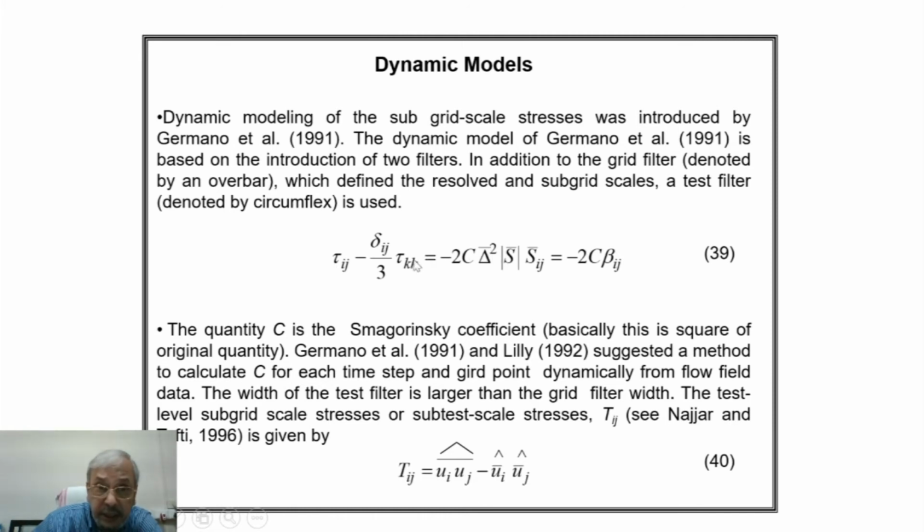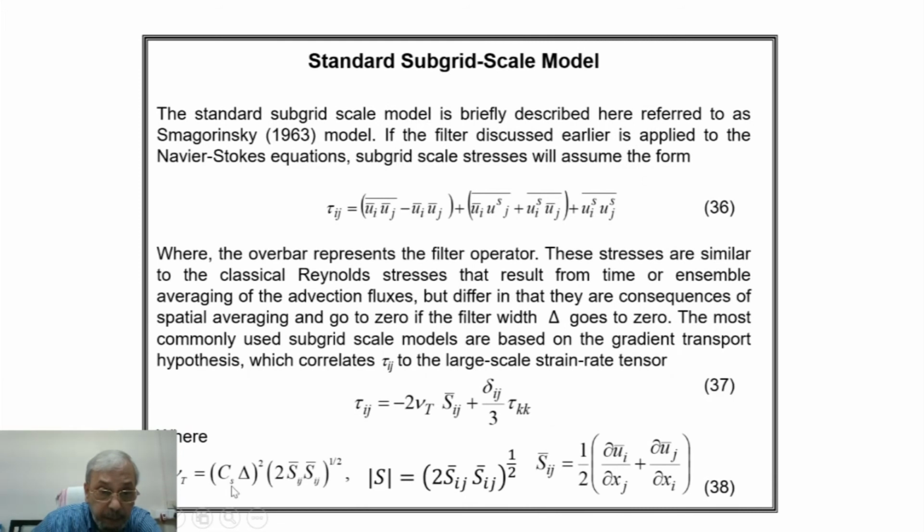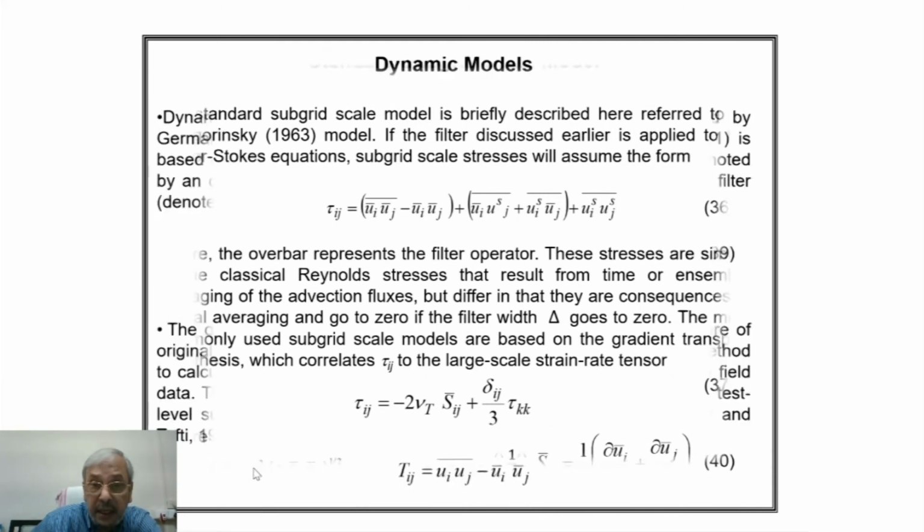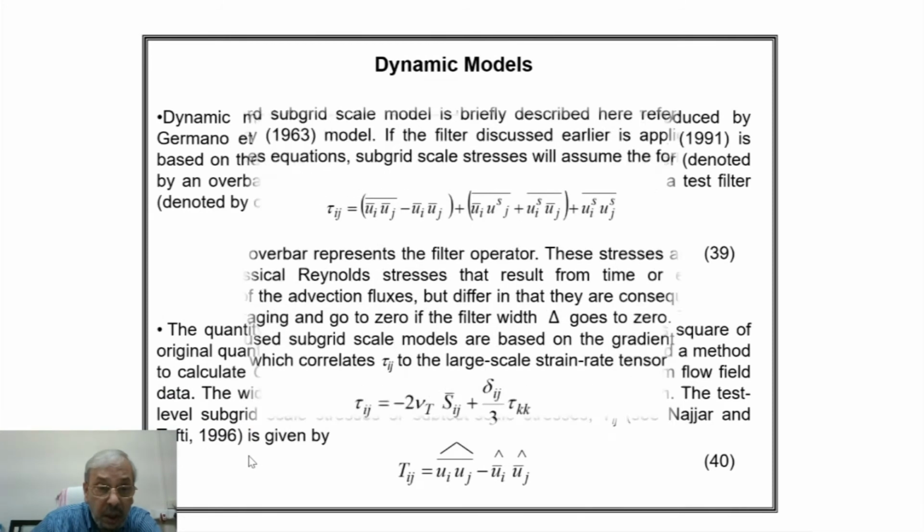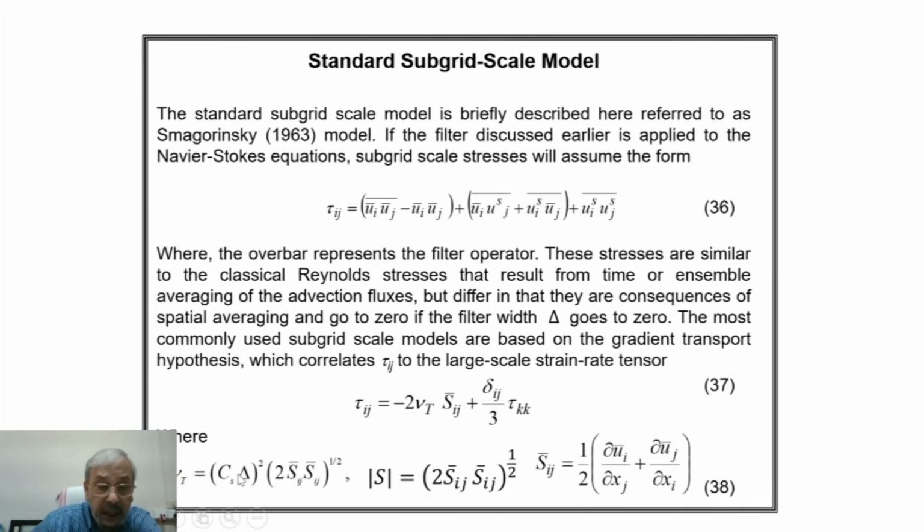So this is basically a grid filter. So tau ij minus Kronecker delta by 3 tau kk, we have seen in the original Smagorinsky model. It is minus twice C. This C, uppercase C, means Cs into delta squared, or Cs squared.